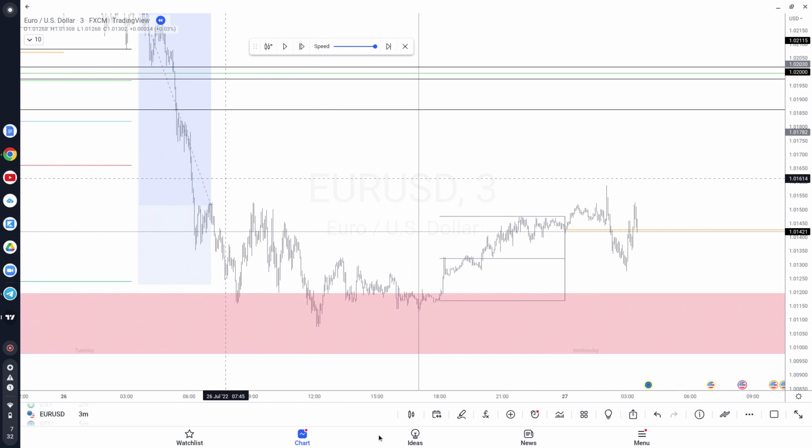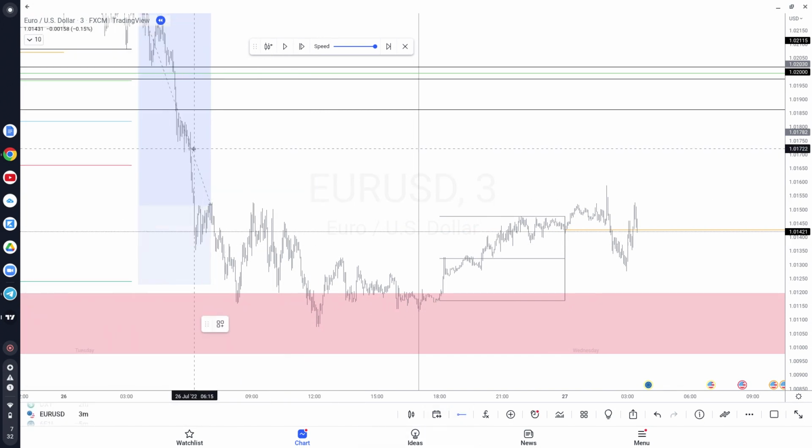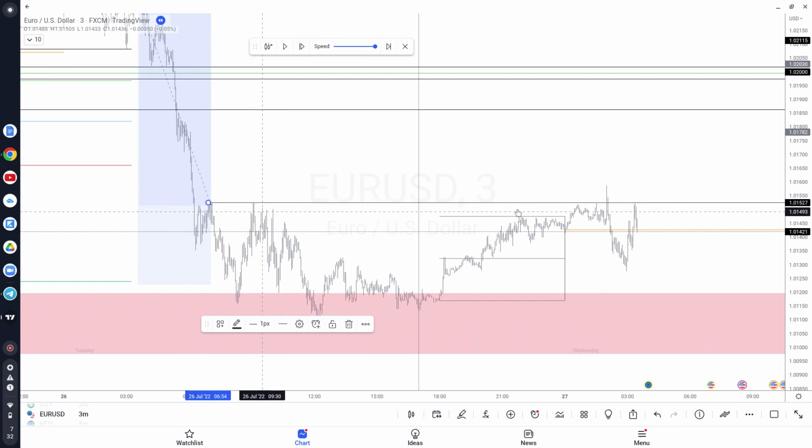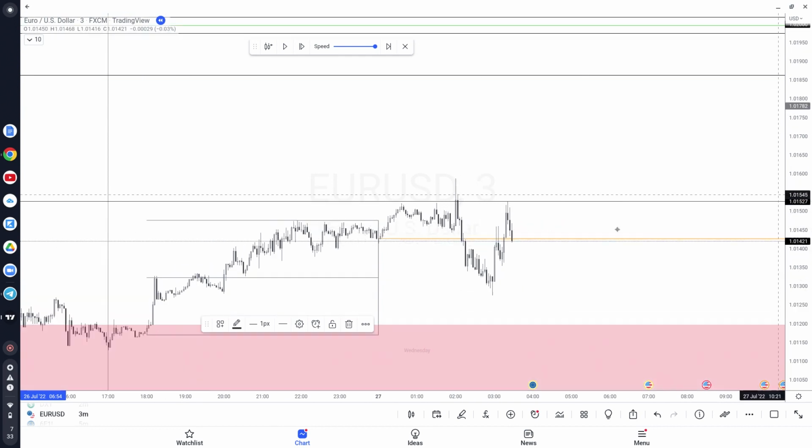So Wednesday, of course, there's a fair value gap left here. We know that price has engineered these equal highs. Those equal highs are ran right at the Frankfurt opening.